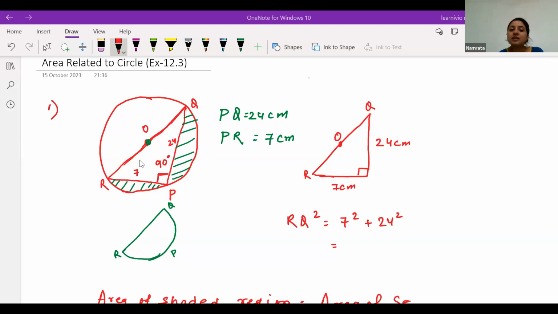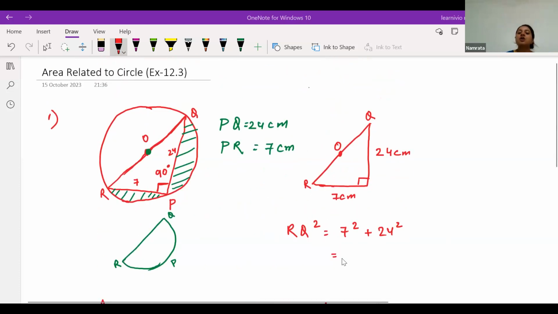In this right angle triangle, two sides are already given in the question: PQ is 24 centimeter, PR is 7 centimeter. We are finding the hypotenuse of this right angle triangle, which is also the diameter of this semicircle. So we will apply the Pythagoras theorem.